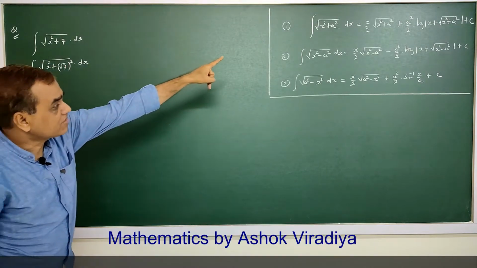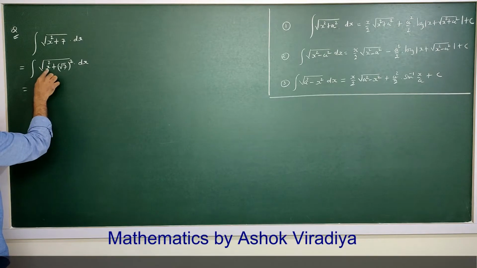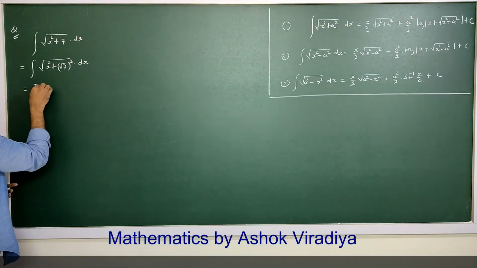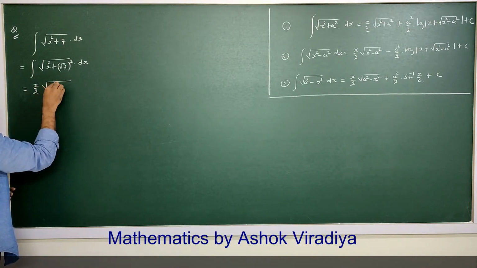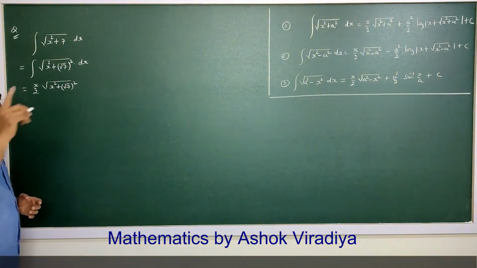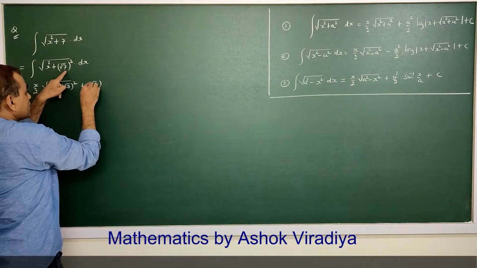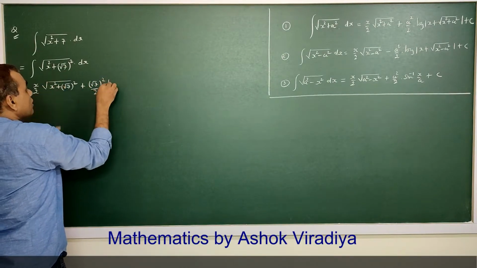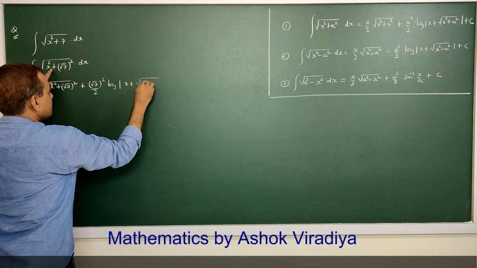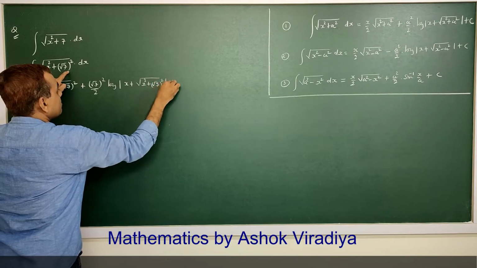Now matching with the first formula, root x square plus a square, its integral is x by 2 root x square plus a square plus a square by 2 log mod x plus root x square plus a square plus c.